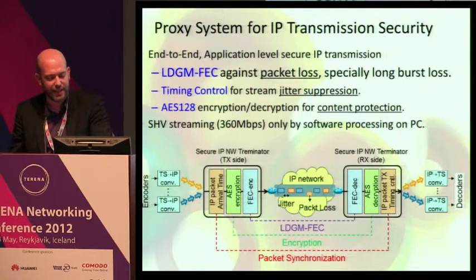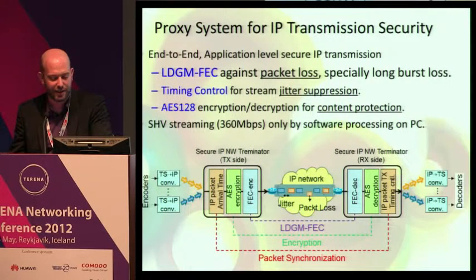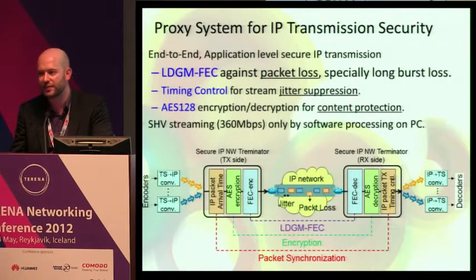First, to avoid jitter, the IP packets are tagged with arrival time. Jitter's not a big problem because we don't mind a little bit of latency on this. This is live, but still 5 seconds is fine. We're not doing any collaborative work, so it doesn't matter if there's a little bit of delay.